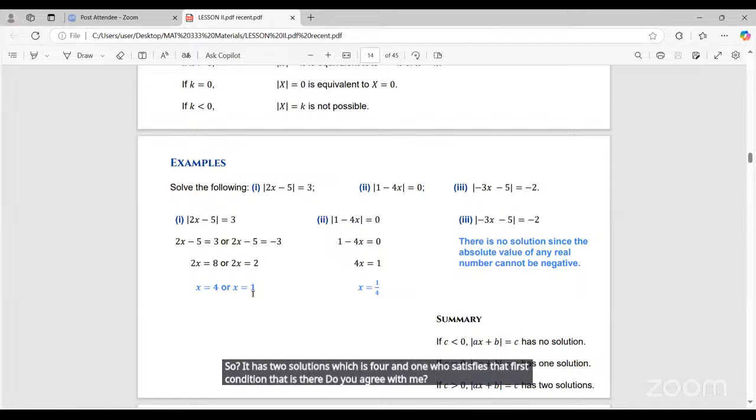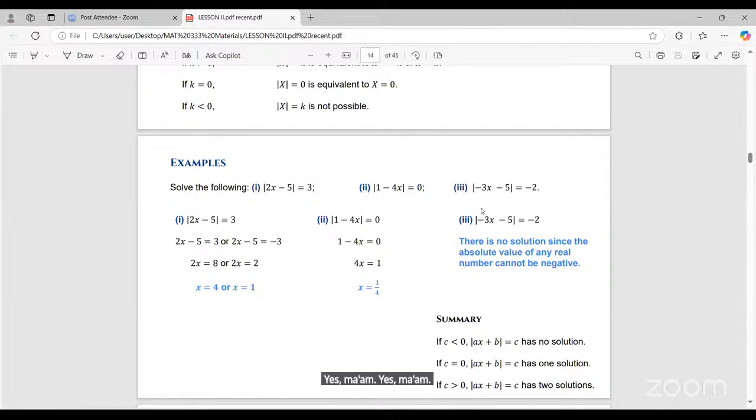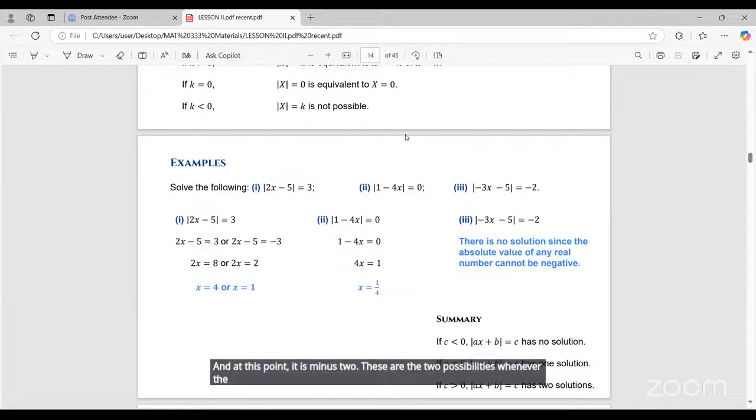Now, at this point, the absolute value is equal to 0. And at this point, it is minus 2. These are the two possibilities whenever the absolute value is greater than k.